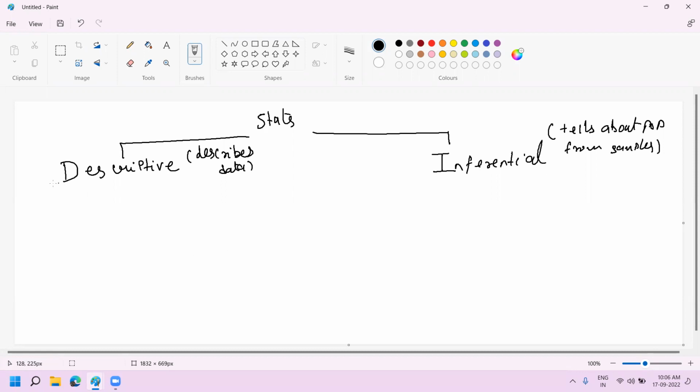So under descriptive, what are the different measures we have? What is it called? Measure of central tendency. So just write central tendency.